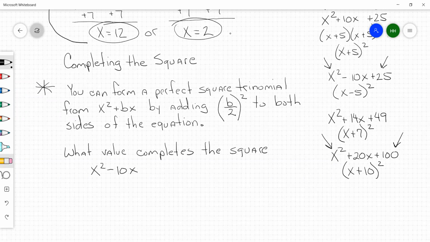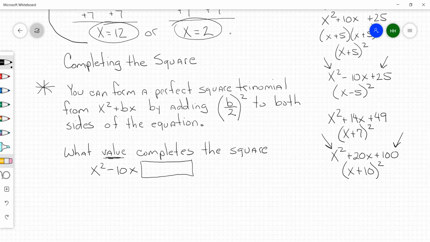What we're doing here is a technique called completing the square. We're going to take this expression. There's no equal sign yet. And we're going to determine the value that turns this into a perfect square trinomial. We're looking for this value right out here. What value completes the square?